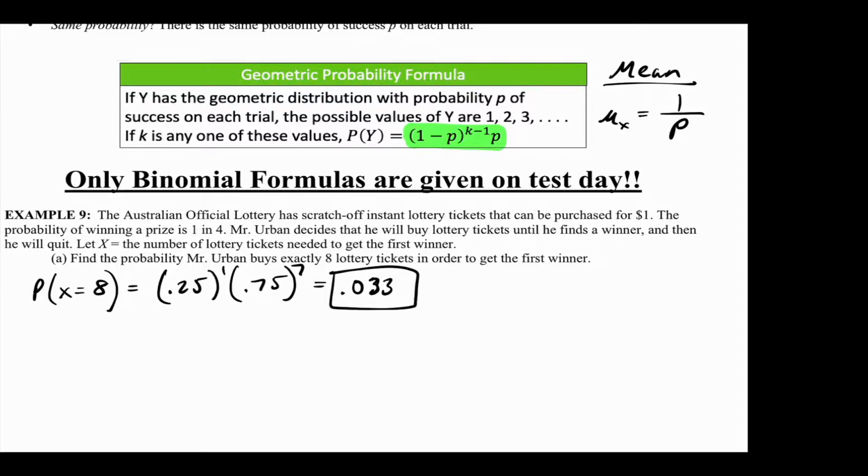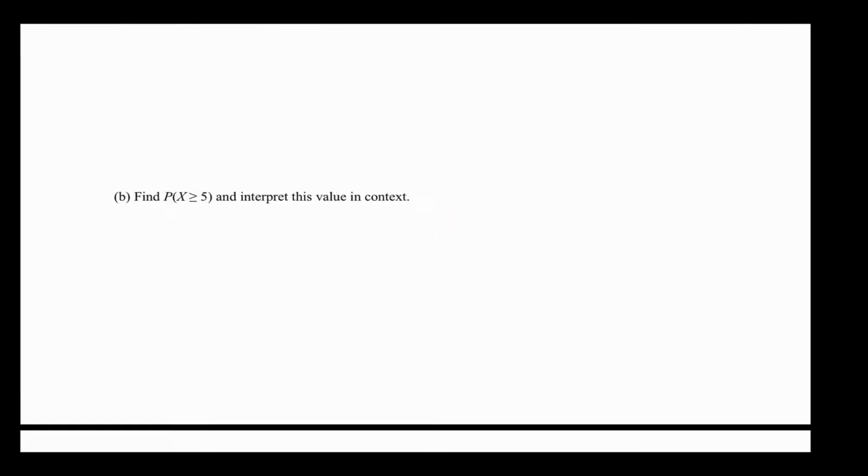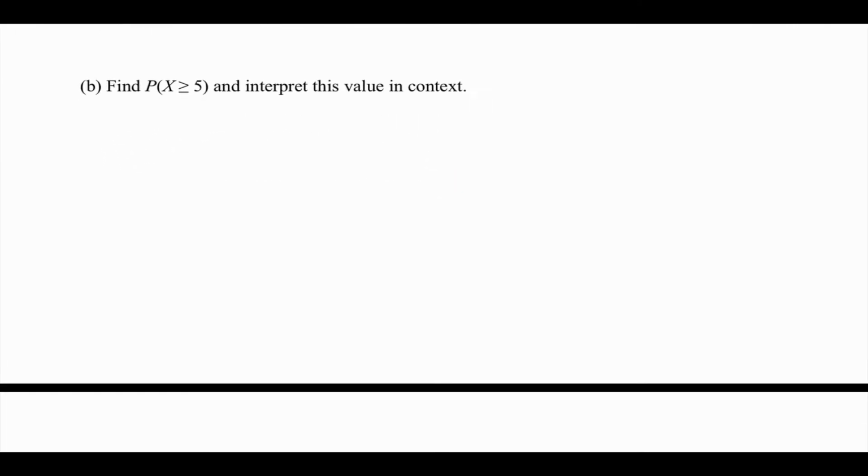Okay. All right, so now let's do a CDF problem. Same idea, but now we have to find the probability that 5 or more, at least 5, right? So we have to find the probability that at least 5.